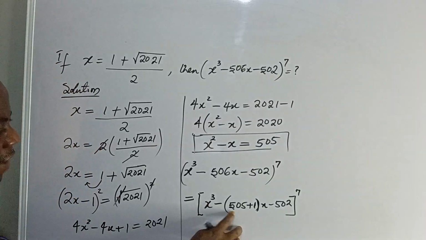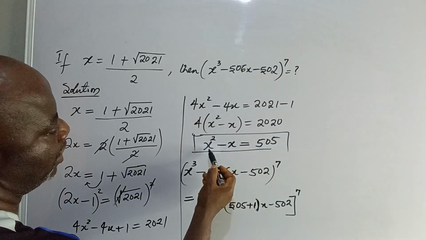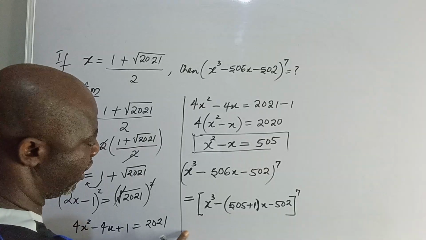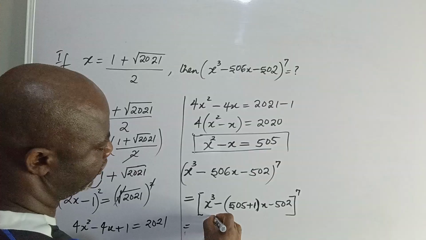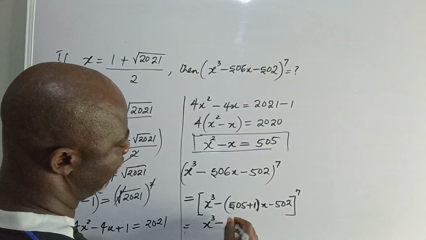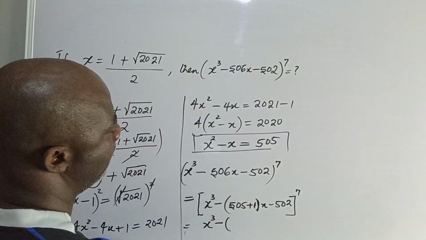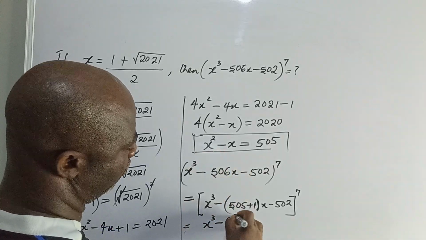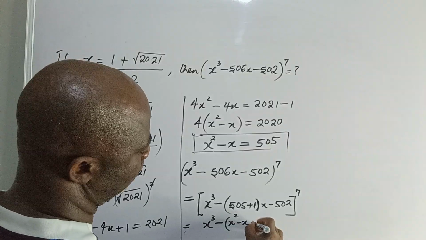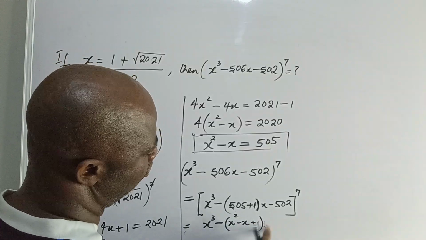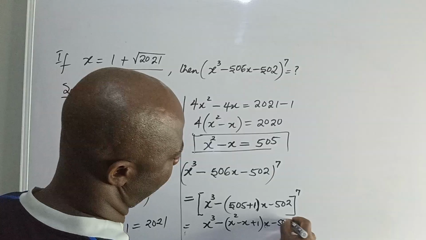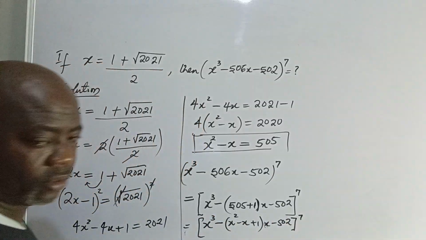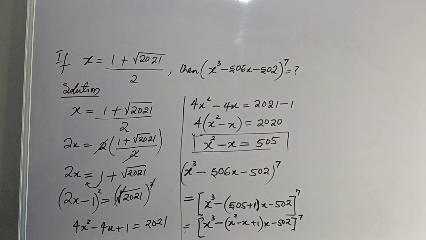Don't forget that 505 is the same thing as x squared minus x. So by substitution, I'm replacing 505 with x squared minus x, giving x cubed minus (x squared minus x plus 1) times x, minus 502, everything to the power of 7.